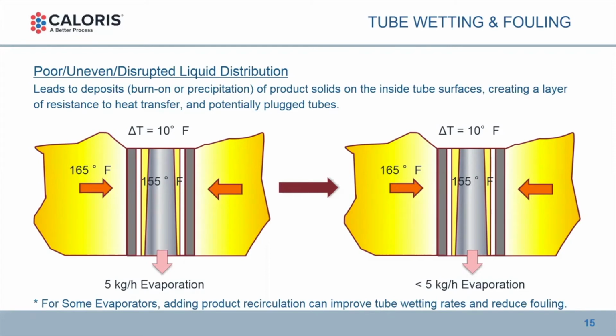We find that maybe for certain products, we can add product recirculation from the lower sump back to the top so that we effectively get a higher volumetric flow of product within each pass of the evaporator so that we can get that wetting rate up, reduce the rate of fouling, and your heat transfer efficiency, the U coefficient, remains where you want it to be for more of the day. Better performance.